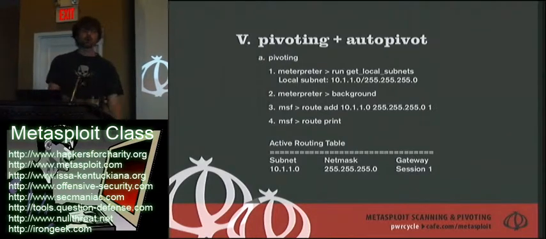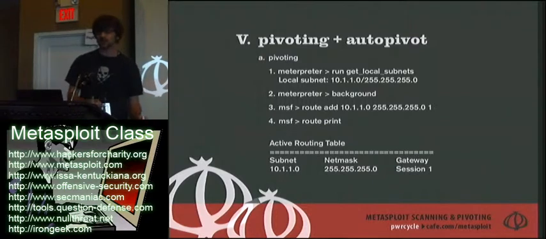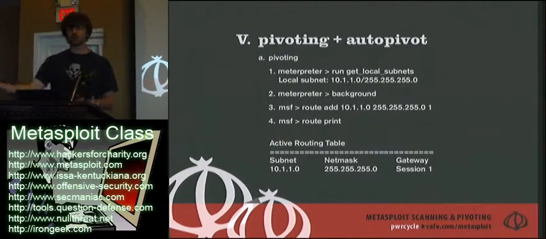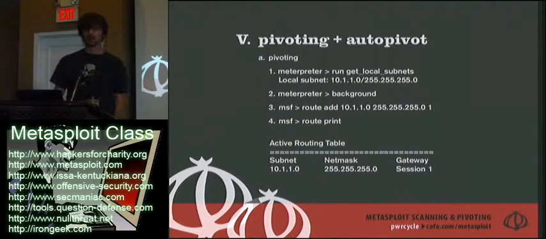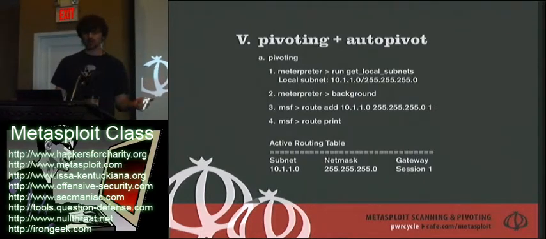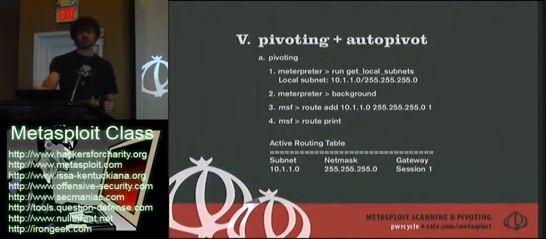So what Metasploit allows you to do is pivot your scans and your exploits from the one internal box you have against everyone else, because you can't talk to any of those boxes externally. Once you get a Meterpreter command line, no matter how you get it, whether through social engineering or an actual direct exploit, if you run the script get_local_subnets, it'll tell you what it can see.